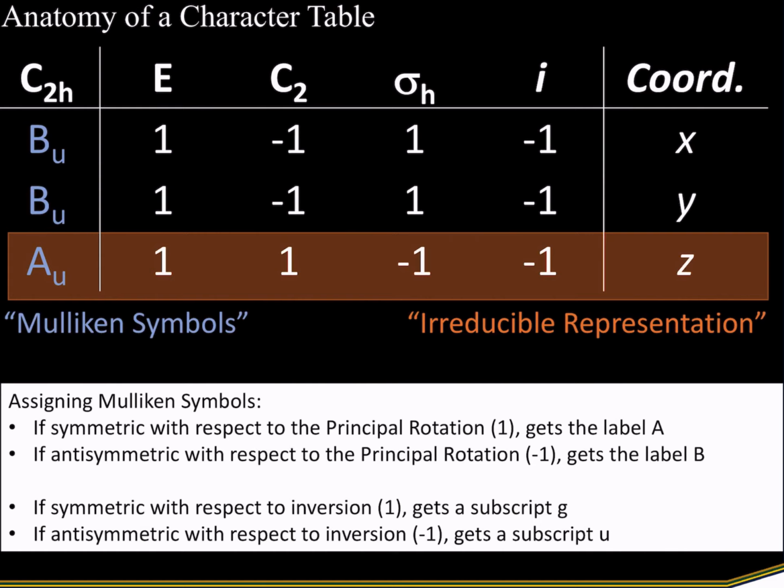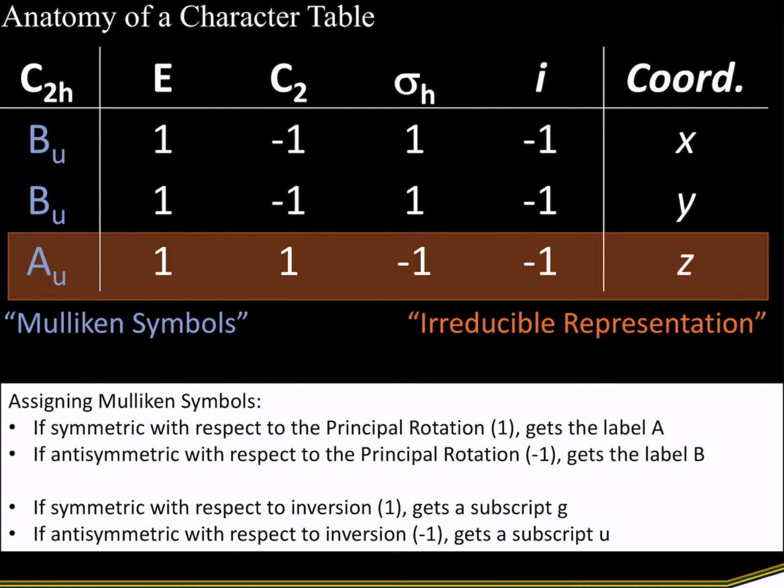So one row of a character table is called an irreducible representation. The names that we generate for this are in the left-hand column, and these are called Mulliken symbols. These are ways of describing or naming individual irreducible representations.